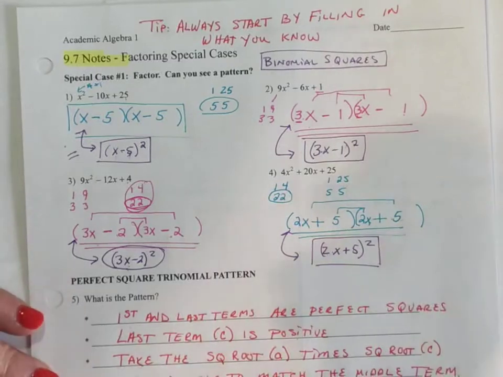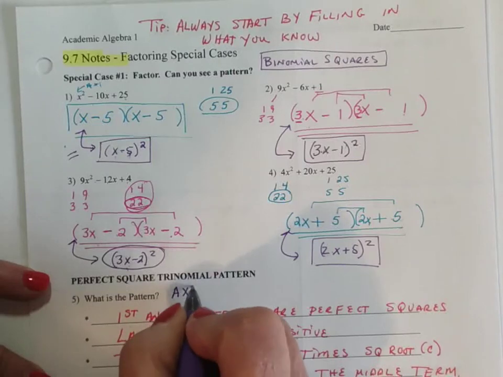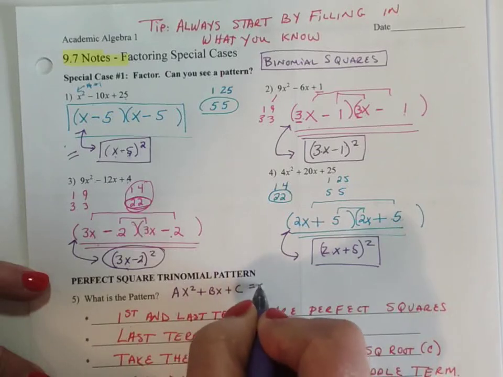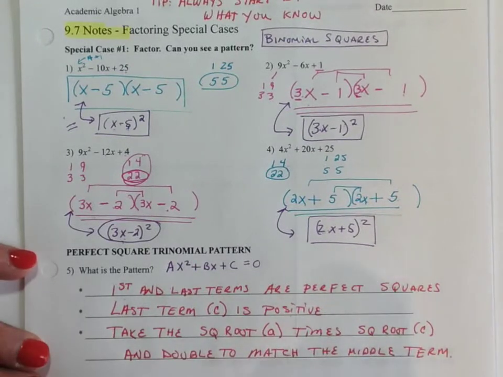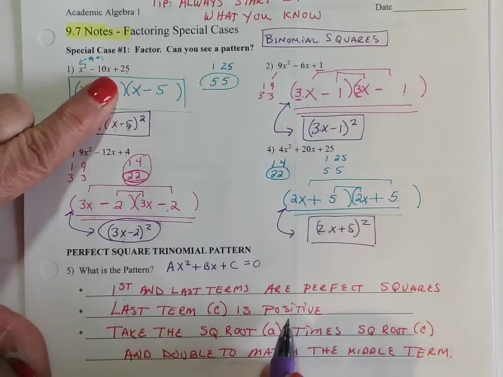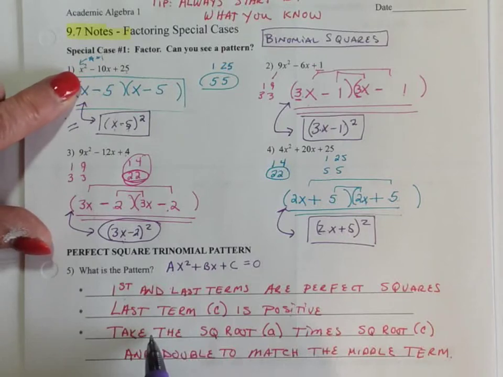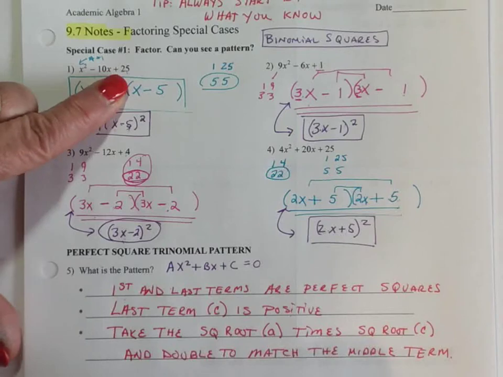Okay? And remember that the standard quadratic equation is ax squared plus bx plus c. And then if we're solving it, it's equal to 0. Right. So the last term, c, has to be positive. Now, if you take the square root of x squared, which is x, and you take the square root of 25, that's 5, okay?